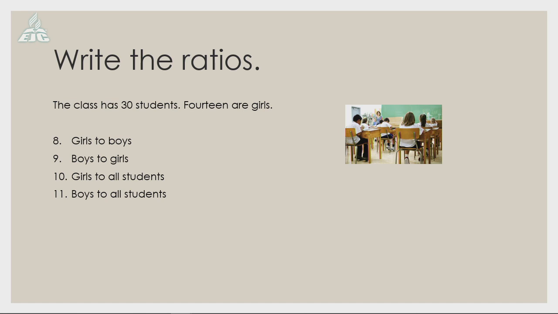Okay, I see. I hope your pencils are getting busy. Then we have girls to all students. Remember how many students are in the class? All students. Then we have boys to all students.